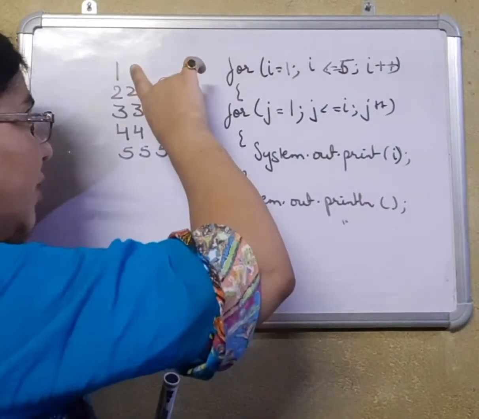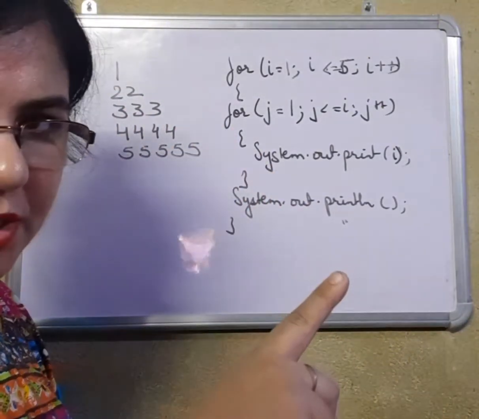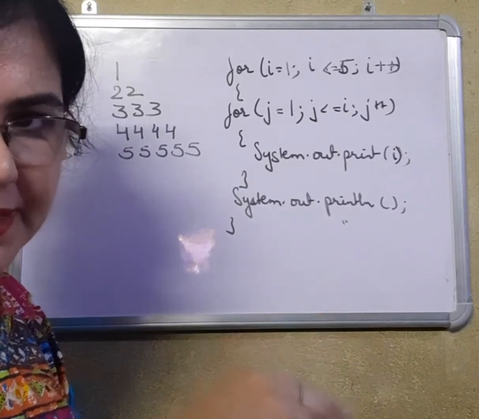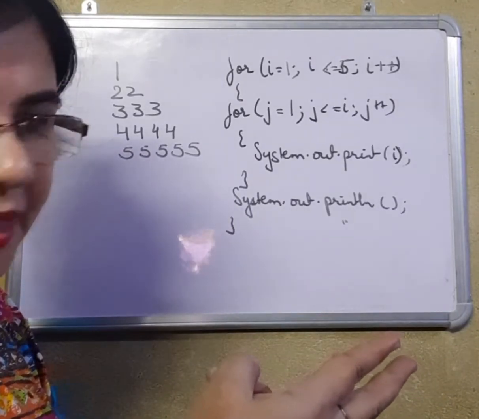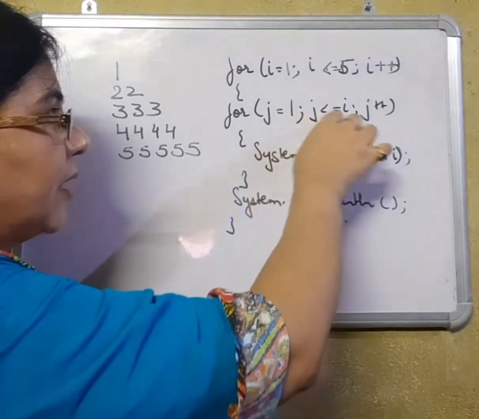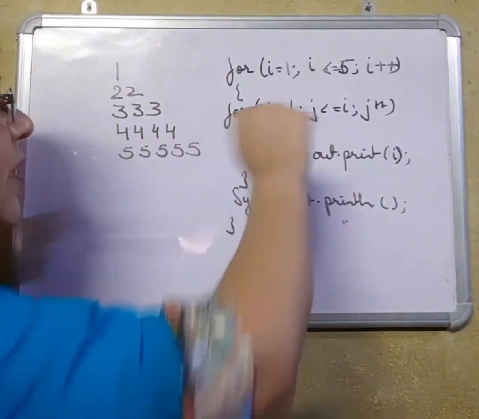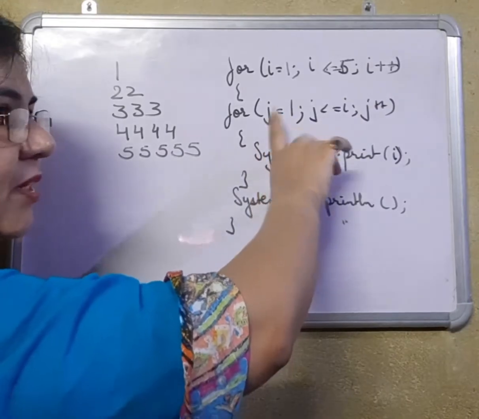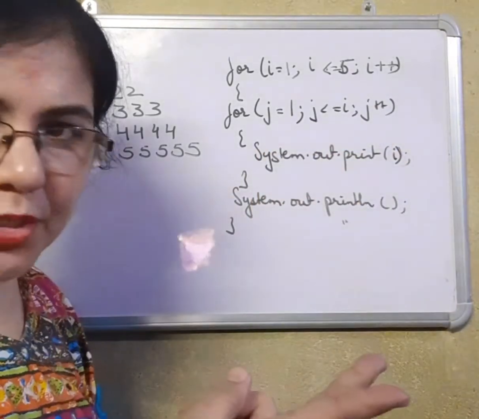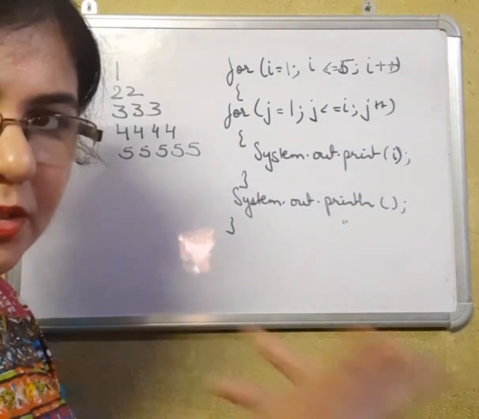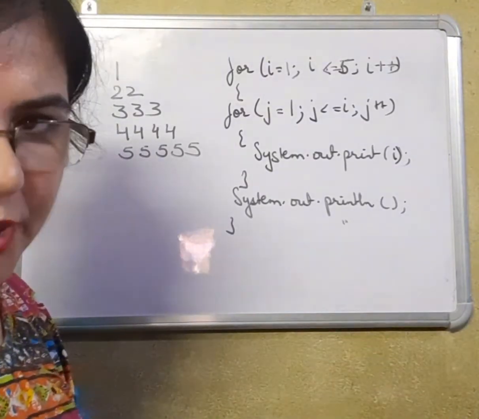Because if you look carefully, only 1 character is printed on the first line, 2 characters are printed on the second line, 3 characters on the third line. So if J is 1 and I is also 1, only 1 character will be printed. When I becomes 2, J is 1 less than equal to 2, it will print 2 characters at a time. So it will print according to the count value.